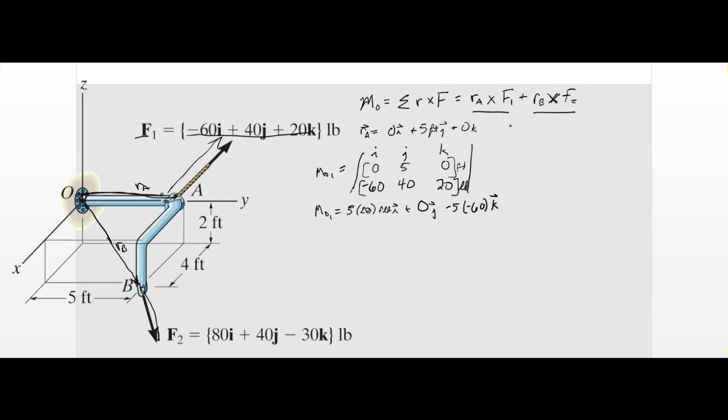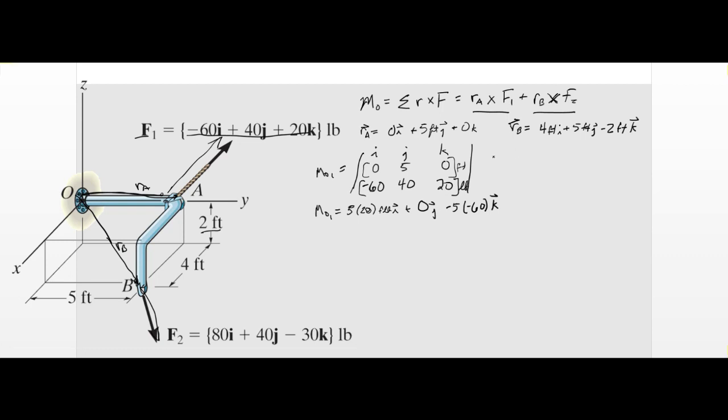So now next we'll calculate RB, and this is equal to the coordinates of B. So we have 4 feet in the I direction for X, and then plus 5 feet in the J direction, and then minus 2 feet in the K direction, because we're on that Z-axis. So this is RB.